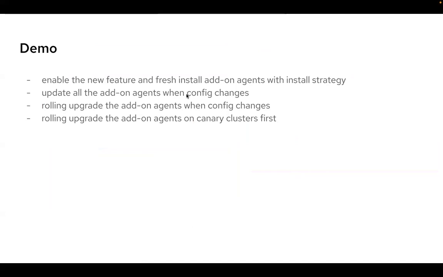And the second case is to update all the add-ons when the configuration changes. The third case is a bit different from the second in that it's a rolling update with the max concurrency rate you defined in the rolling update. And the last case is that during the rolling upgrade, the user can first upgrade the add-ons on canary clusters, do some testing, and then upgrade all the add-ons.